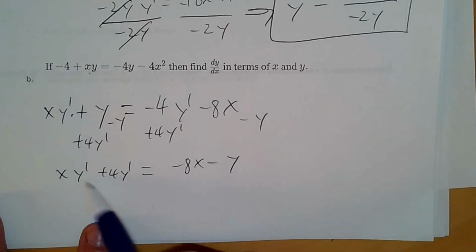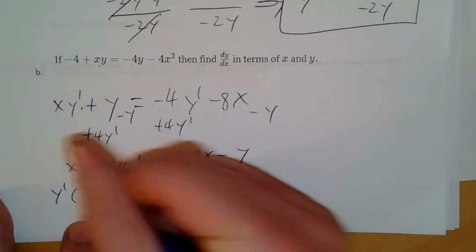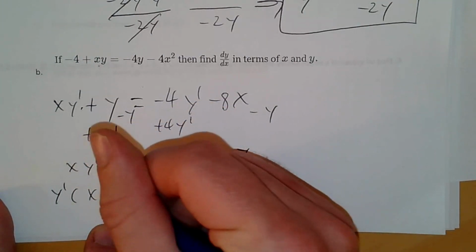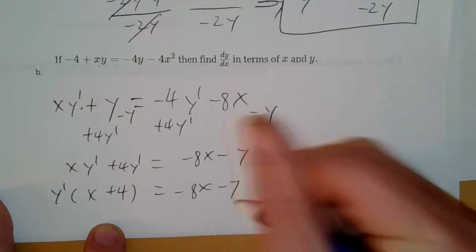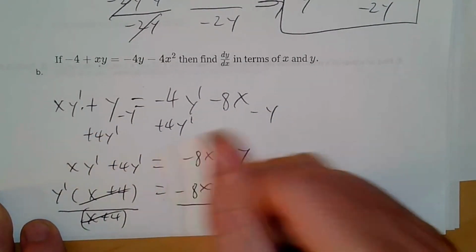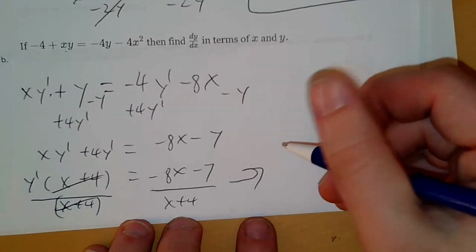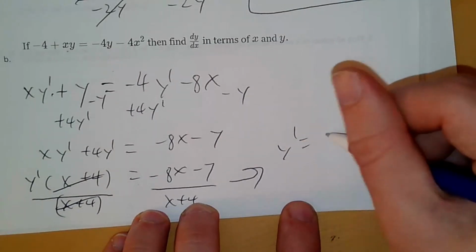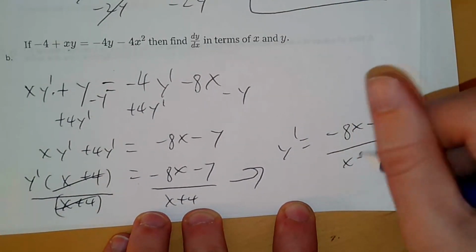And then from here, since I've got both y primes alone, I'm going to factor it out. Y prime comes out front. x plus 4 equals negative 8x minus y. Then divide both sides by x plus 4. Cancel, cancel. So this is my answer. I'm just going to rewrite it. Y prime equals negative 8x minus y over x plus 4.